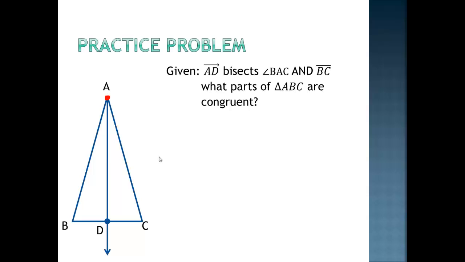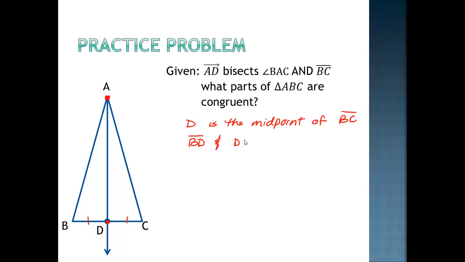Let's start with the segments. This says that AD bisects BC. So if it bisects this, then we can determine that D is the midpoint of segment BC.